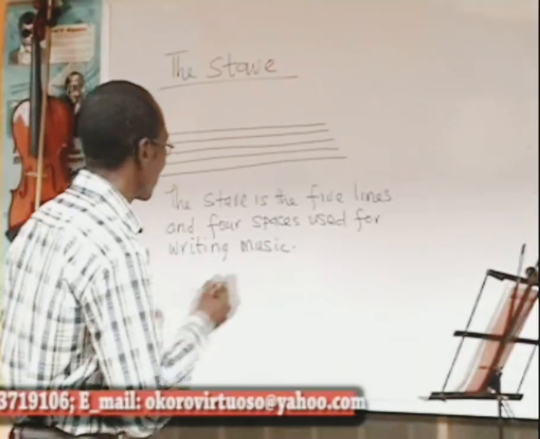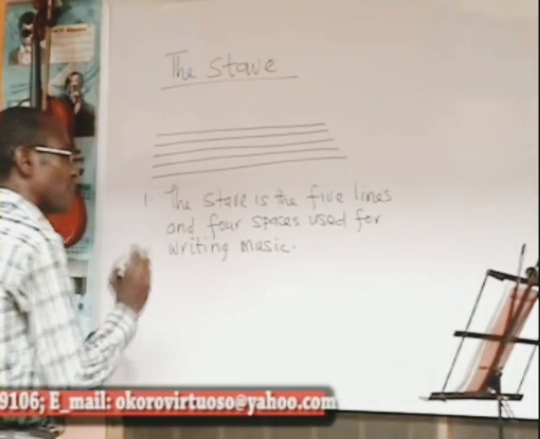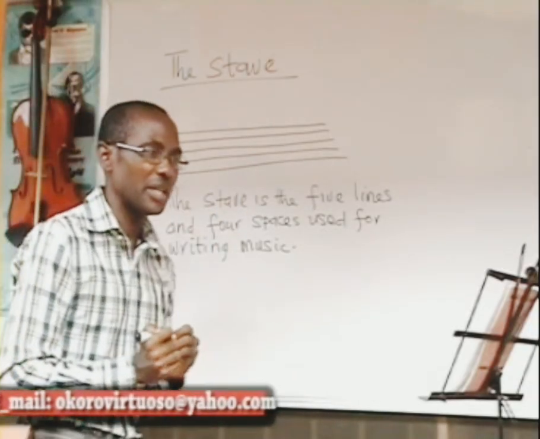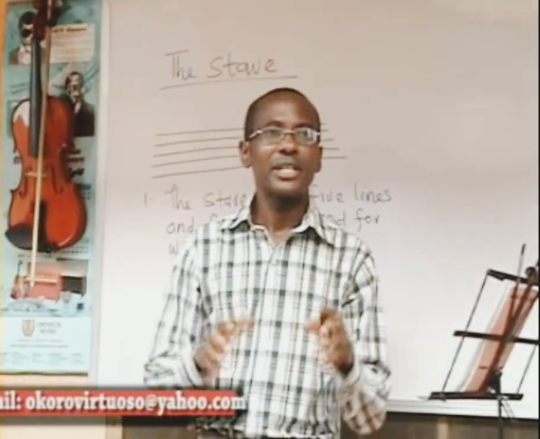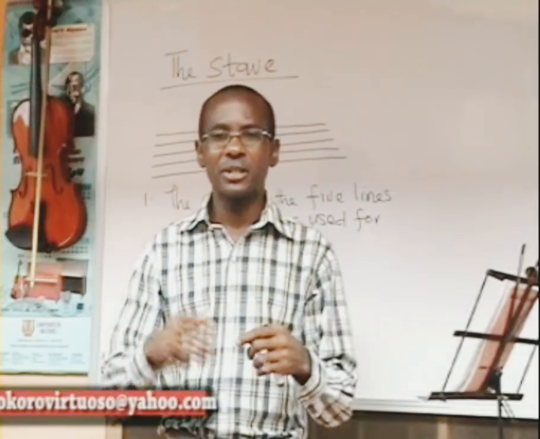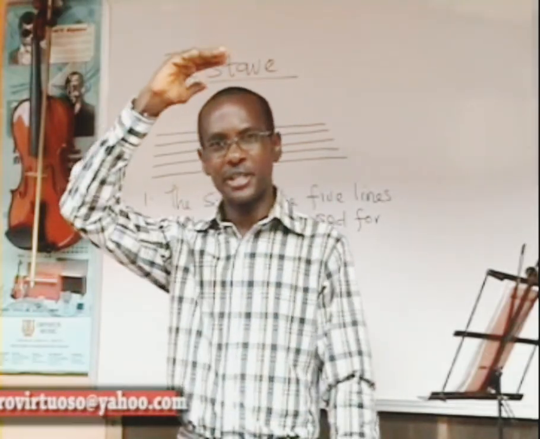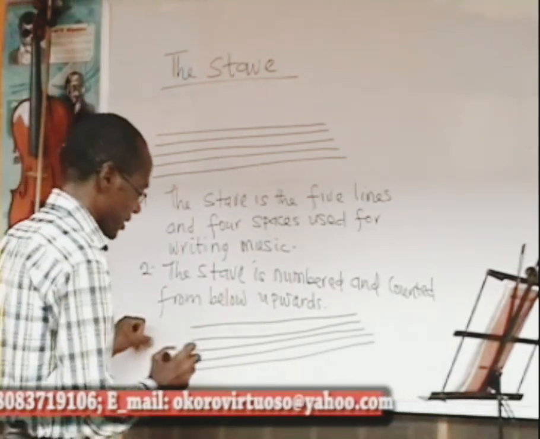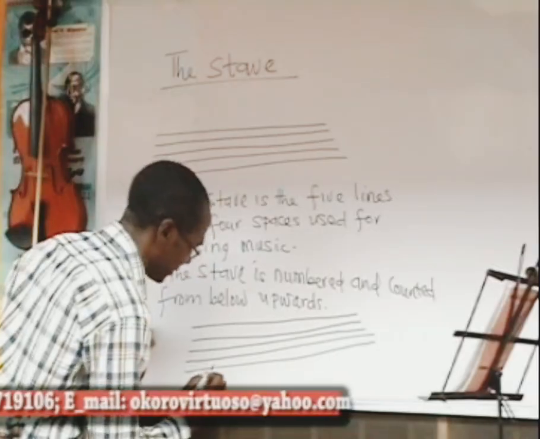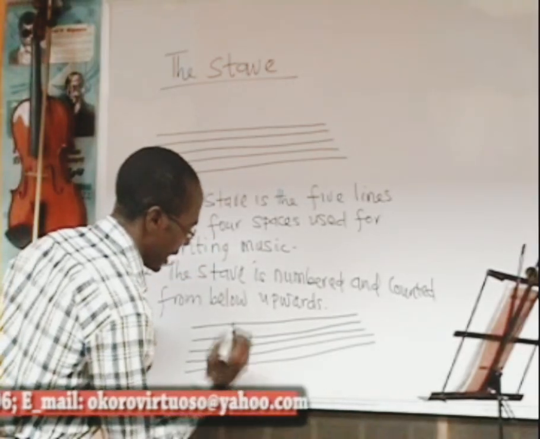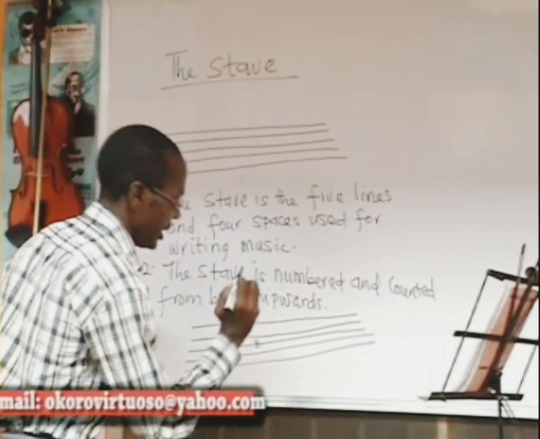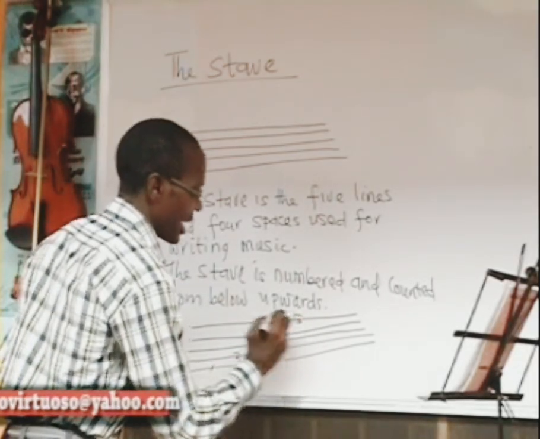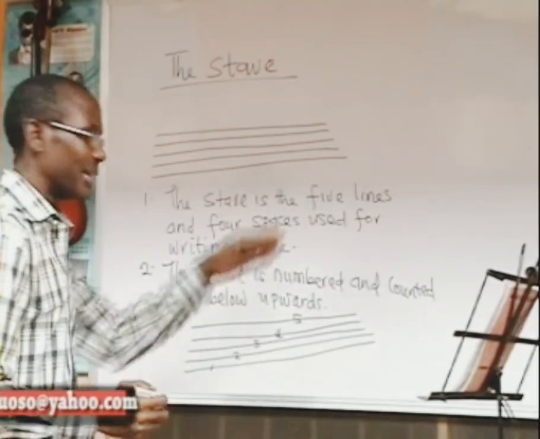The first information, remember, the number 1 information you need to know about the stave. Number 2 is that this stave you're looking at is numbered and counted from below upwards. 1, 2, 3, 4, 5, from down upward. This is the number 1 line, number 2 line, number 3, number 4, and number 5. These are the lines.